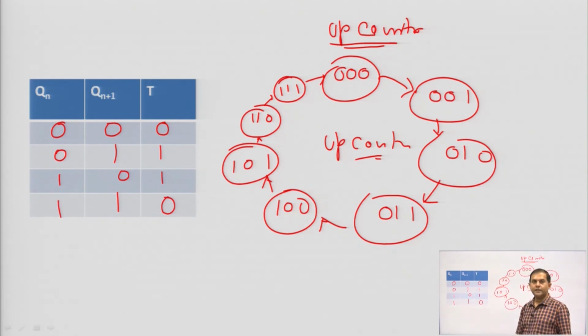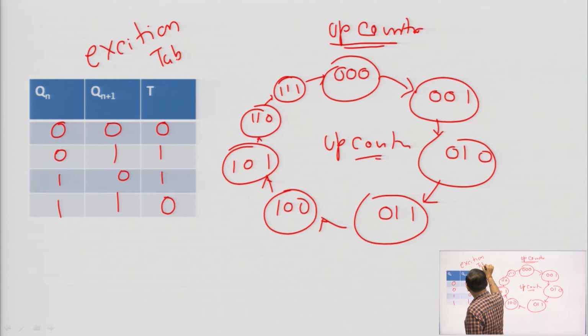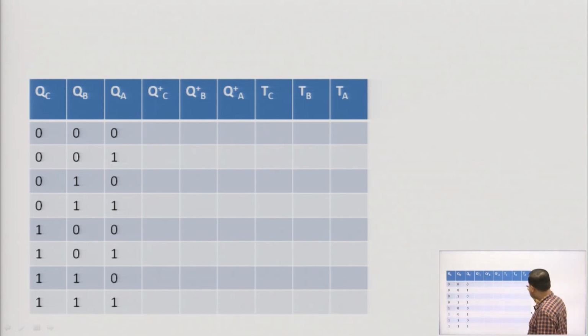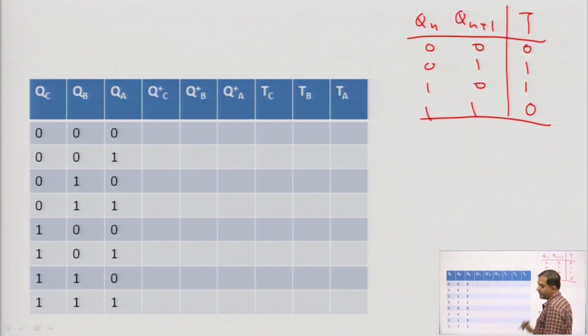Now, with this excitation table, we will write the circuit excitation table. I will write the table once again, it will be useful for you to understand. 00, 01, 10, 11 gives T as 0 1 1 0, this is the excitation table.